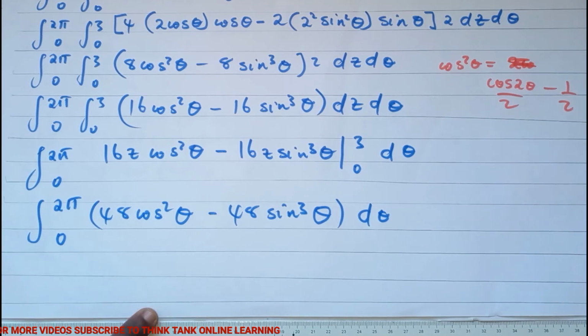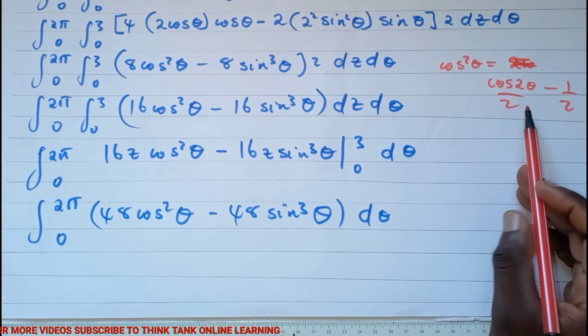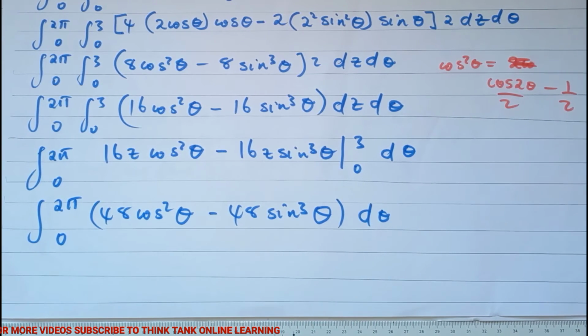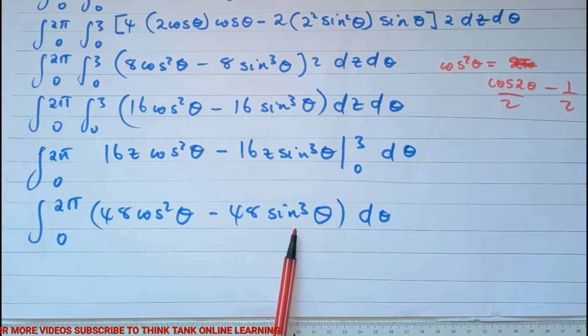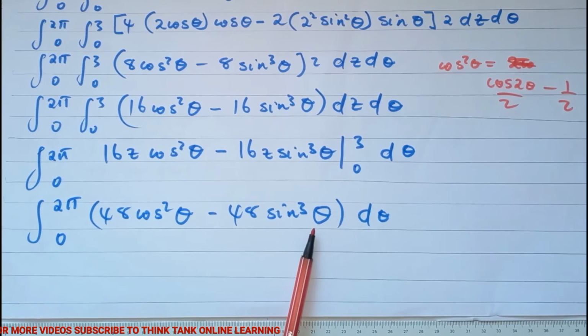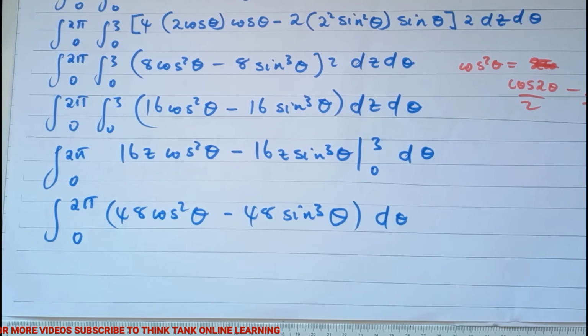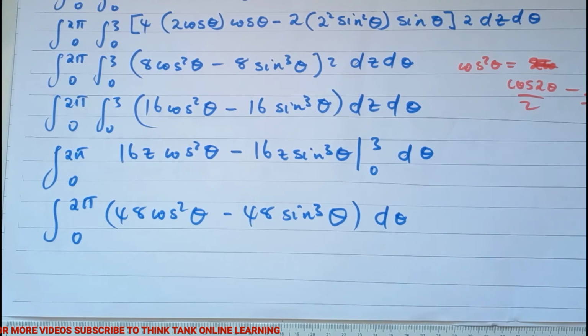We're using the double angle formula. If you're in an exam in a hurry, just know that if you integrate sine cubed theta over the region from 0 to 2 pi, you're going to get 0. But I'm going to do it so that some of you may know why, so I'm going to integrate sine cubed theta.